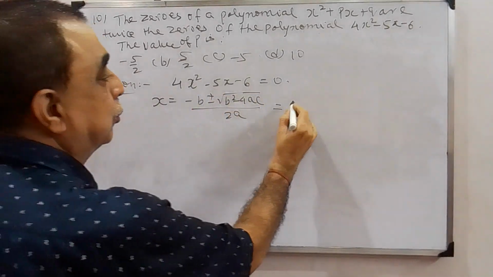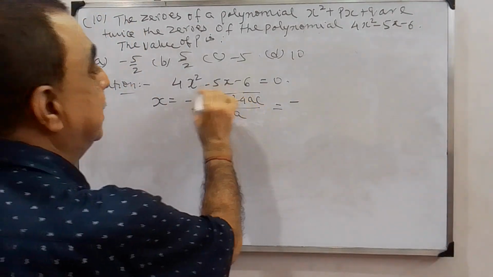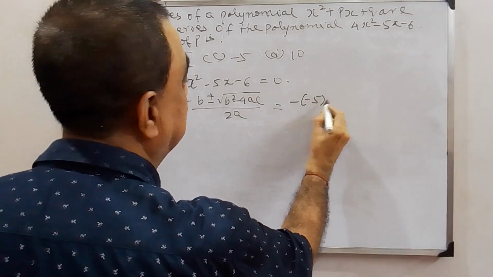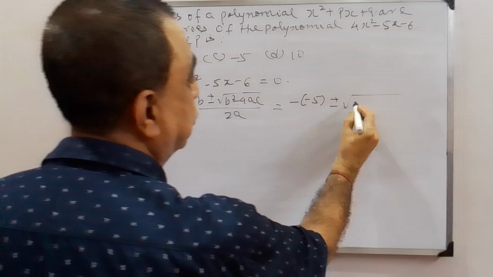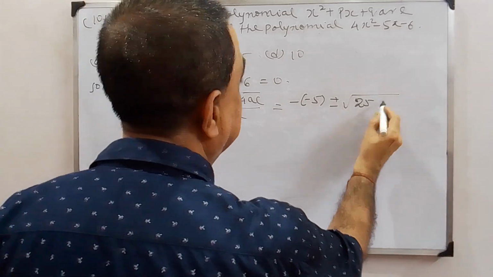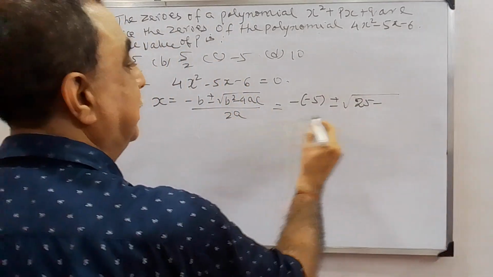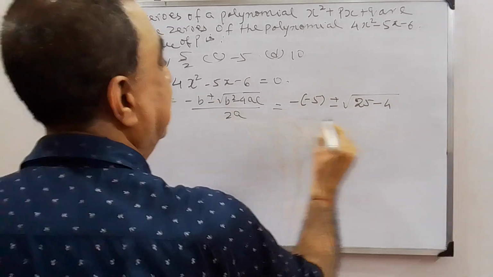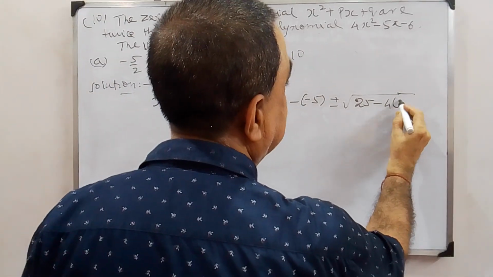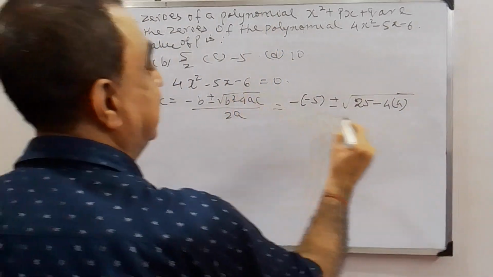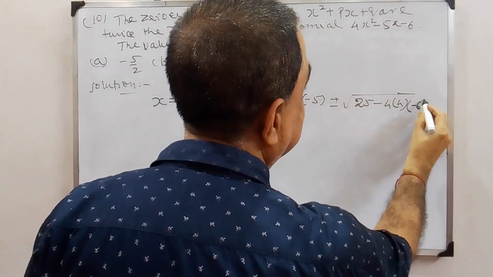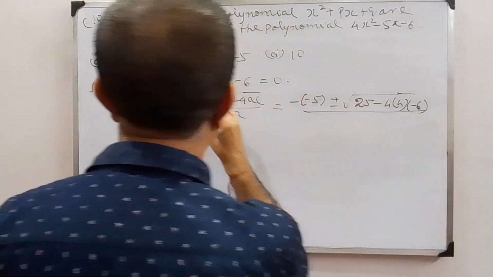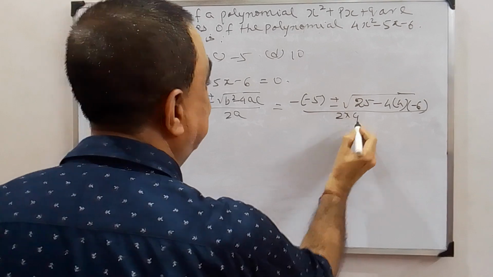Now put the values. Minus b, the x coefficient, is minus 5, plus minus square root of b squared, minus 5 whole squared is 25, minus 4ac, where a is the x squared coefficient, that is 4, and c is the constant term, minus 6, whole divided by 2a, so 2 multiplied by 4.